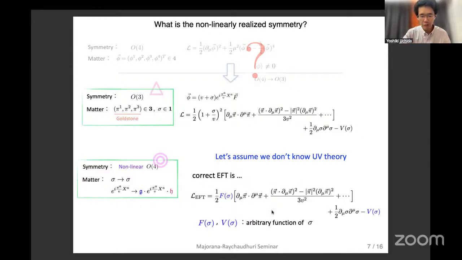And the allowed Lagrangian is like this. Here F of sigma and V of sigma are arbitrary functions of sigma, because this sigma is a singlet under the nonlinearly realized O4. And if we replace this sigma by the observed Higgs boson h, it is just the Higgs effective field theory. So this is the concept of the Higgs effective field theory and nonlinearly realized symmetry.